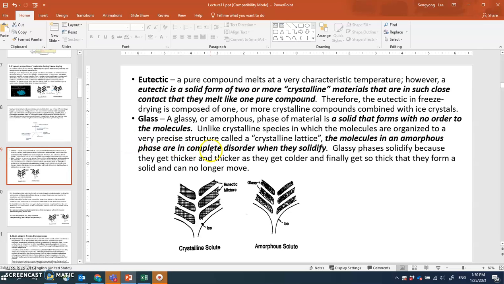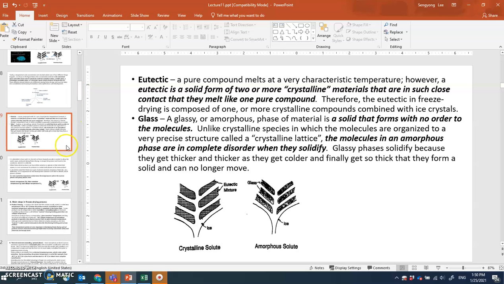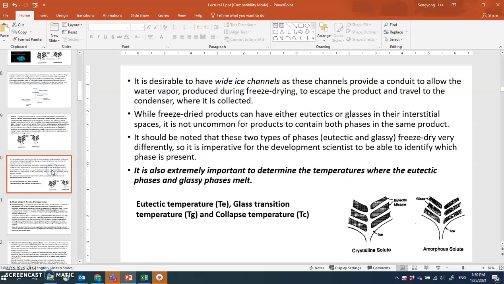It's a more complete disorder form. Okay, so between the glass crystal form and the metastable crystal form, of course, the glass crystal form is a better form. Again, eutectic is the best. Then the next form is maybe glass crystal form, and then the next form is maybe metastable glass form, and the worst form will be amorphous form. Okay.